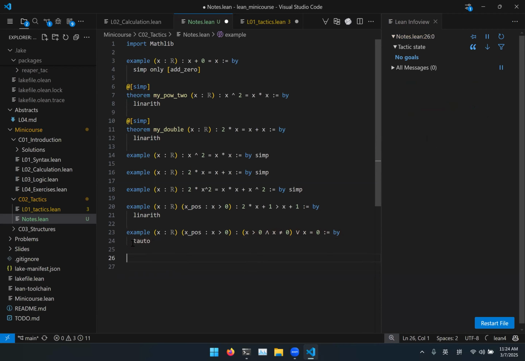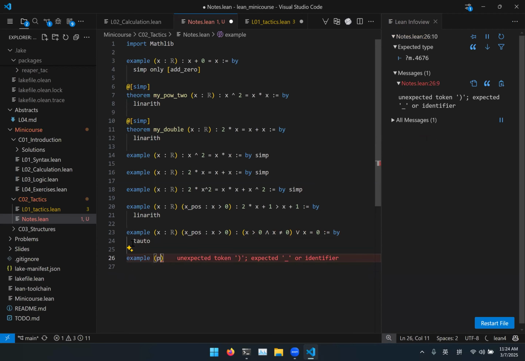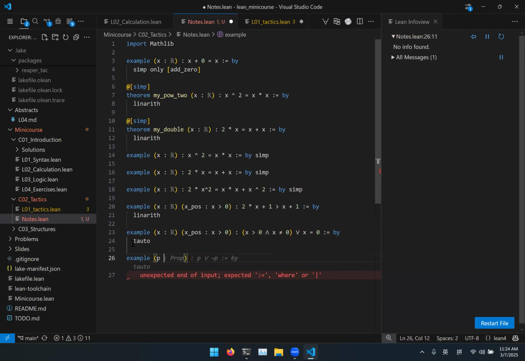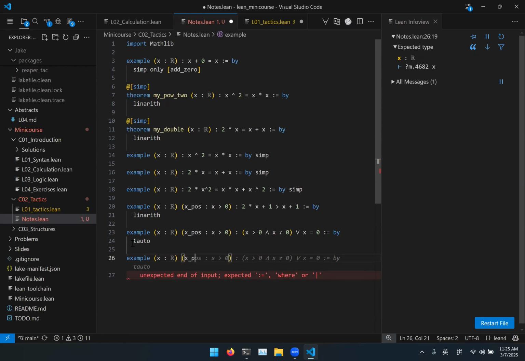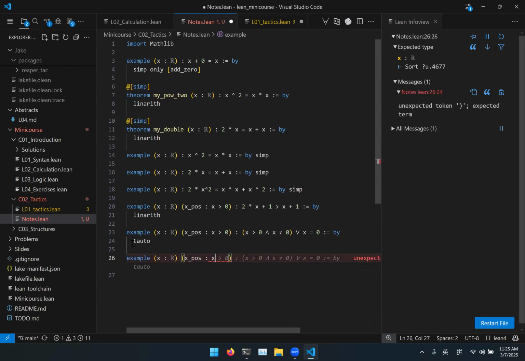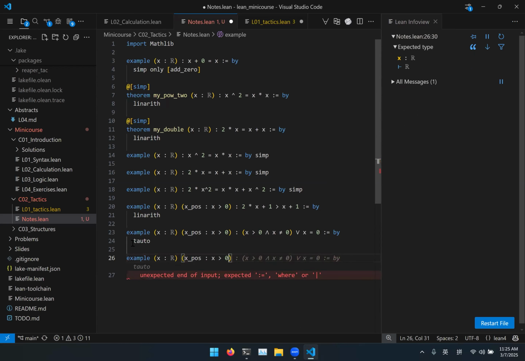Maybe we try more complex connectors. Maybe we know P, we know x in R, and we have x larger than 0.